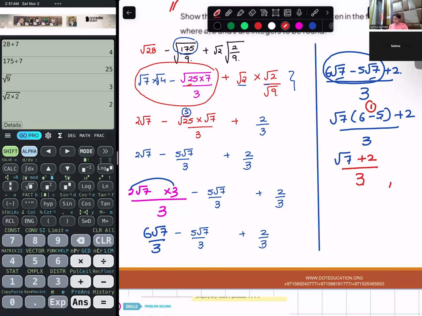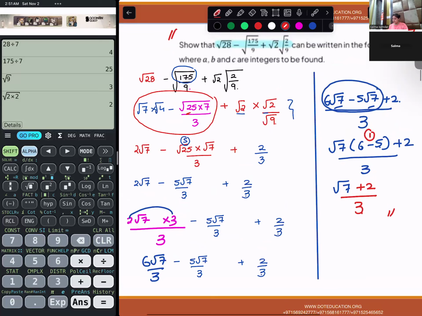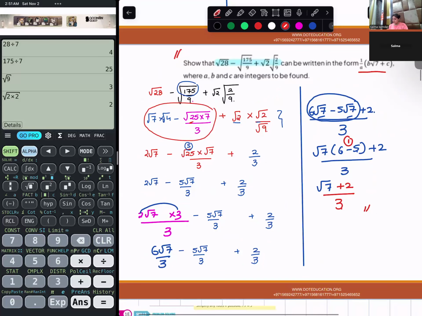So this could be your answer, but I want it in the form of 1 by a, b root 7 plus c. What I can do is, I can take this 1 by 3 outside. So it becomes 1 by 3. In the bracket, you will have root 7 plus 2.